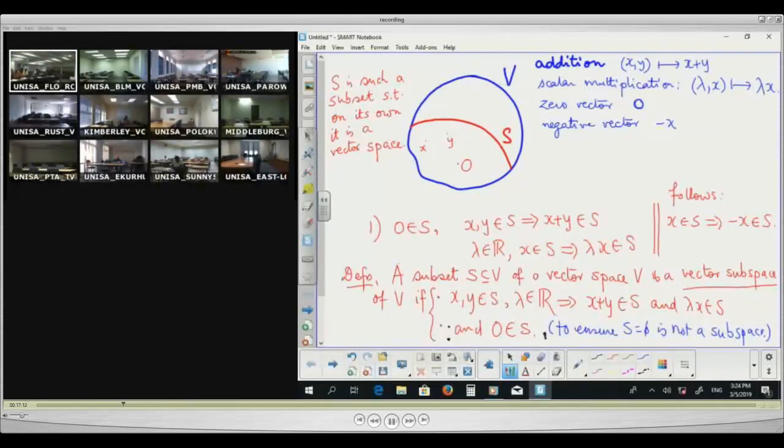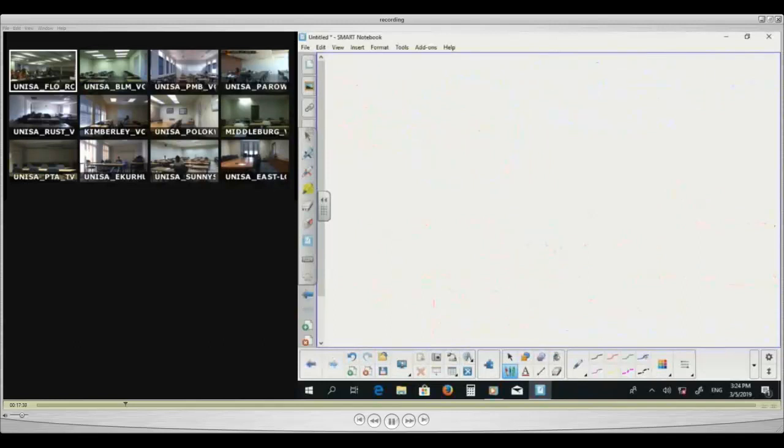Now, with this, we have many more examples. Each line through the origin. Now, I should write it this way.